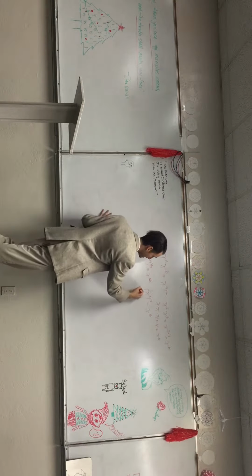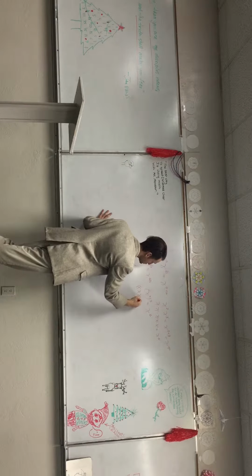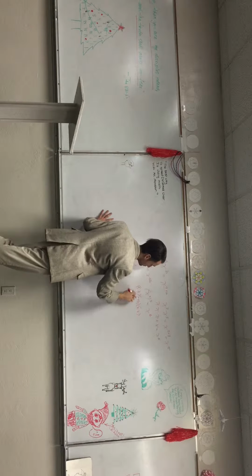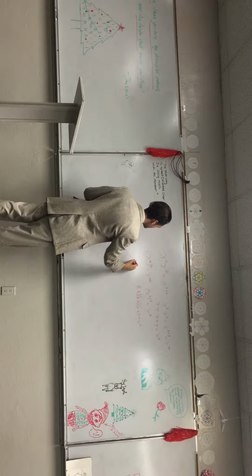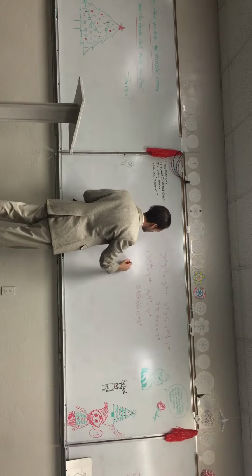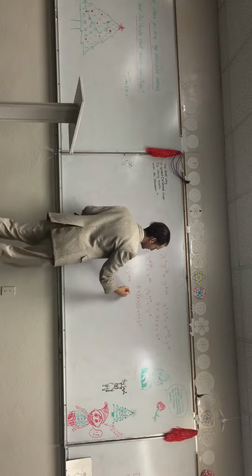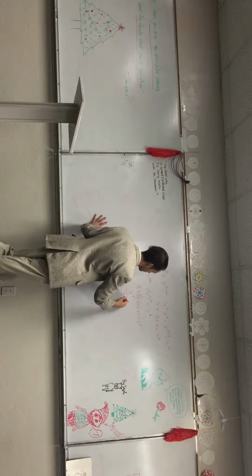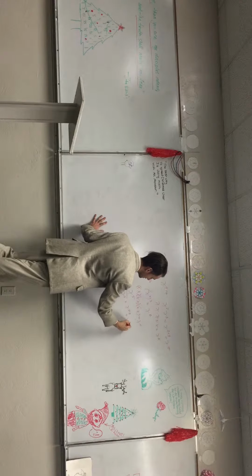The way I can think about that, class, is look, it's X squared, which is X times X, but it's to the third power, so it's times X times X, times X times X. 1, 2, 3, 4, 5, 6 X's is X to the 6th. If I have X to the A over X to the B, that equals X to the A minus B. So X to the 5th over X to the 3rd equals X to the 5 minus 3, or X squared.